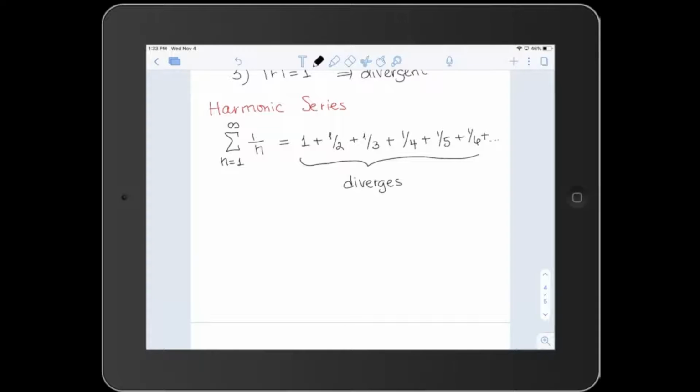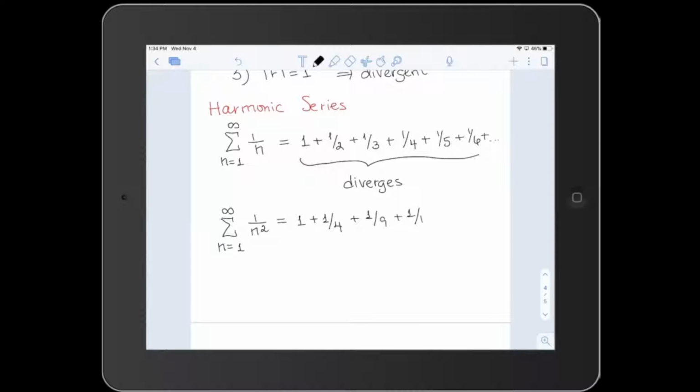Now what if I do one simple thing, and instead of looking at 1 over n, I look at 1 over n squared? That's the only thing that I changed. So I still have 1, now the next one is 1 over 4, and then 1 over 9, and then 1 over what?